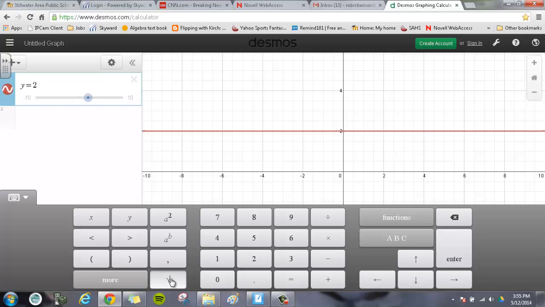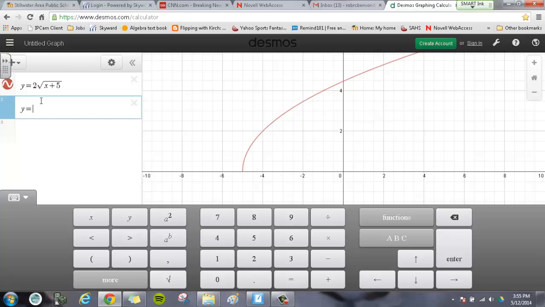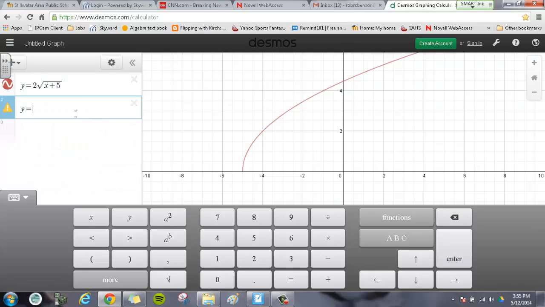So we'll go back to Desmos, put 2 square root x plus 5. Okay, so that's the one equation, and now we're going to put in the right side of the equation. So we go y equals, and then if we look at it, we're going to put in this 8 right here. We're going to put y equals 8. Okay, so go back to Desmos, y equals 8.